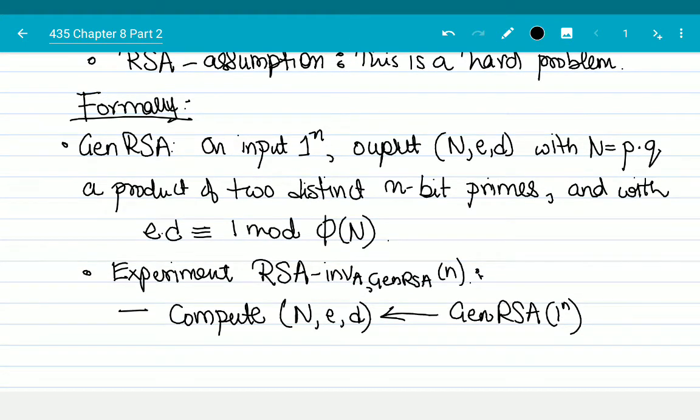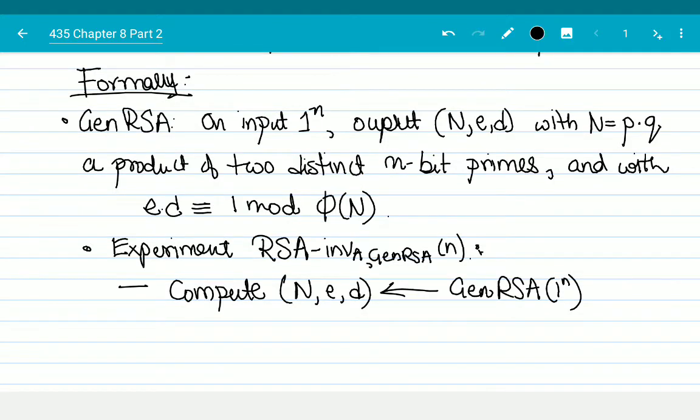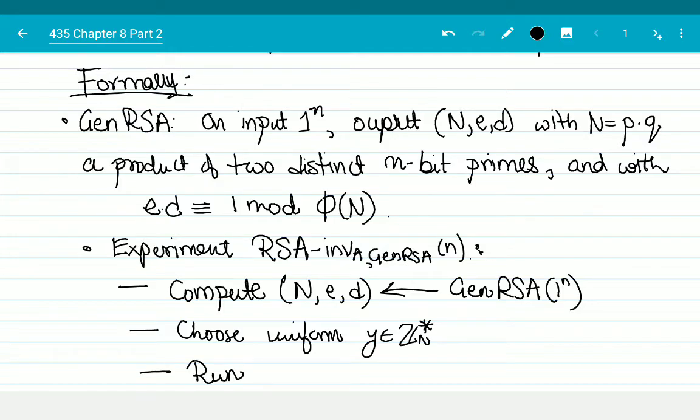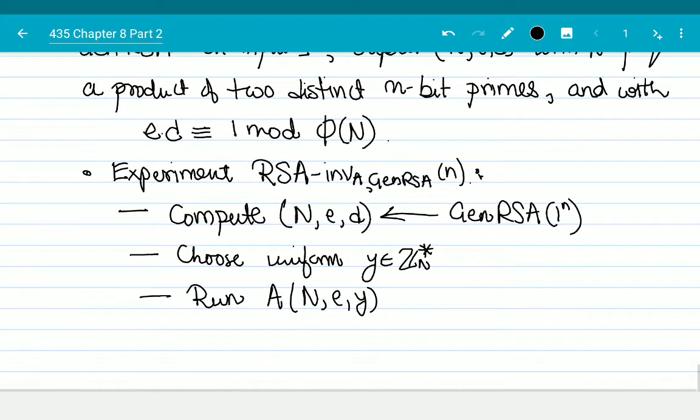So we run general RSA 1 to the n to get N, e, d. Choose uniform y belonging to Zn star. Run A on N, e, y to get x.